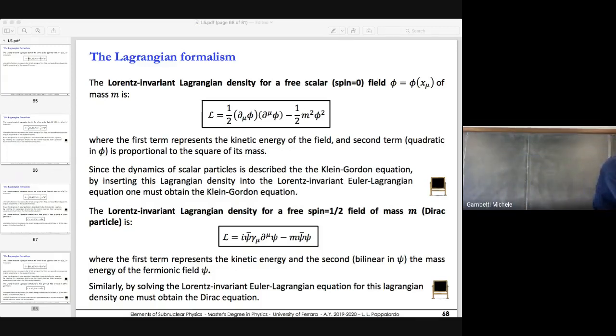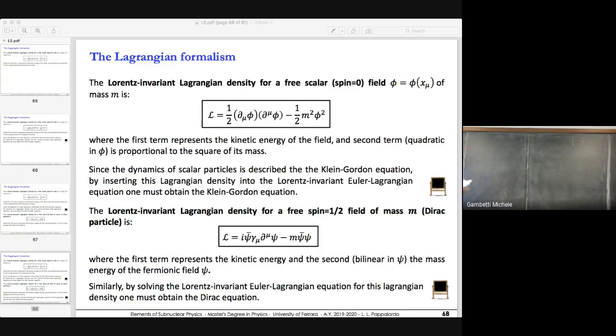For the case of the spin-1/2 fermion, one has to consider the field and the adjoint as two different fields, so the spinor and the adjoint spinor as two independent fields.